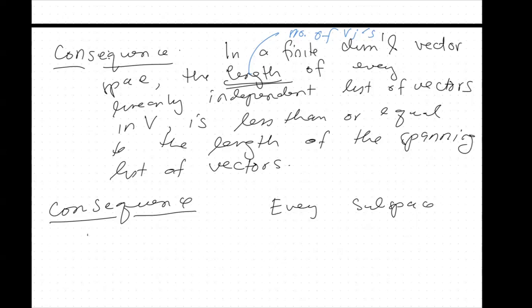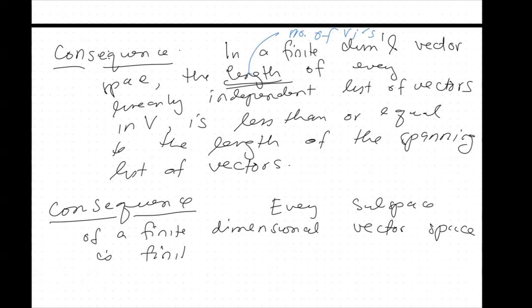So every subspace of a finite dimensional vector space is finite dimensional, meaning there are a finite number of elements in the spanning list.